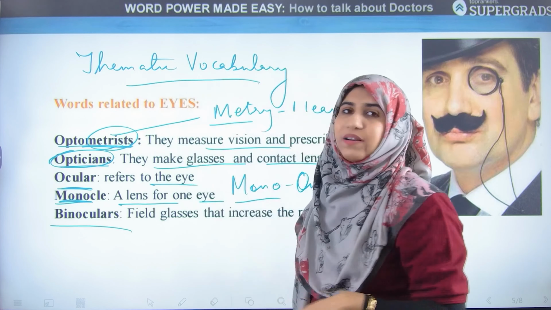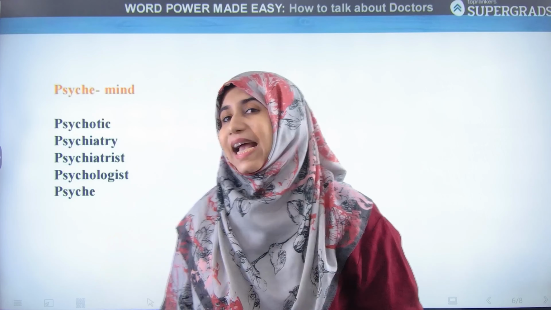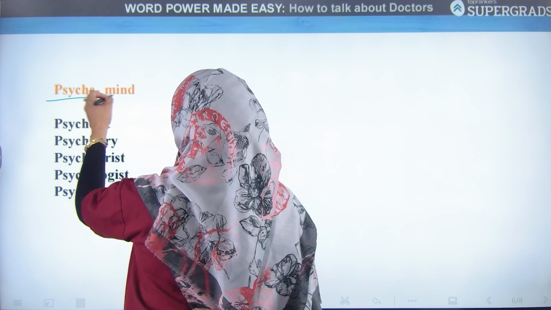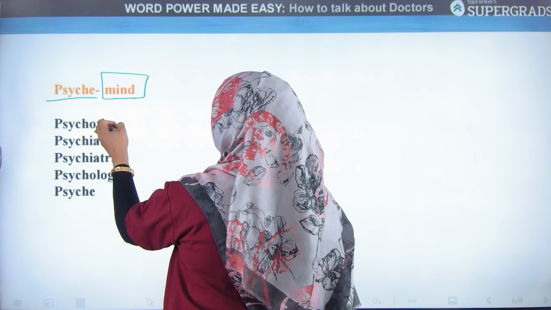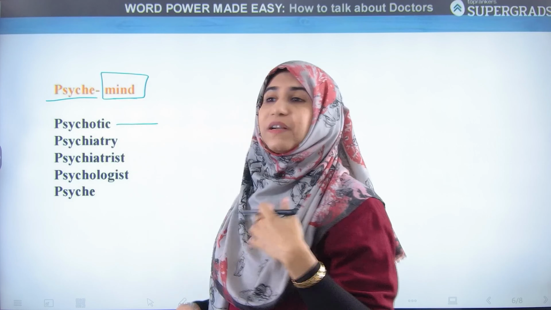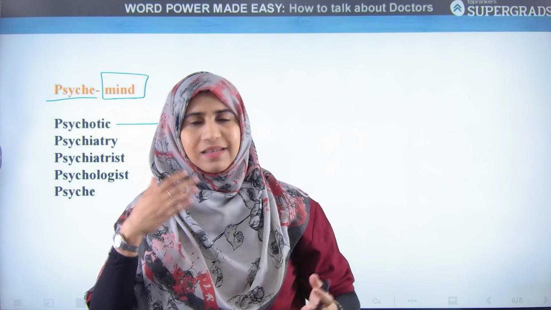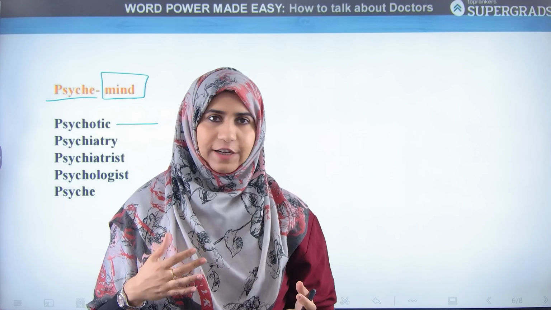Another root coming your way, and that is psyche. Psyche means mind. So psychotic is related to the mind. Illness is basically related to the mind. Mental illnesses, mental issues, mental problems. So we have the word psychosis.